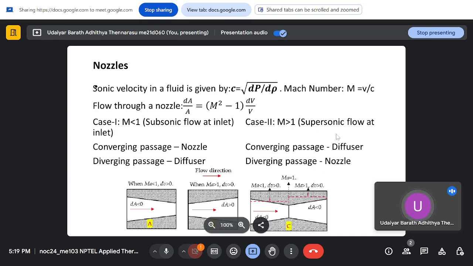So if you have some supersonic flow at inlet, then a converging passage will act as a diffuser, and a diverging passage will act as a nozzle. So this all is given by this expression here. So for a Mach number greater than 1, you need to have a converging diverging nozzle.